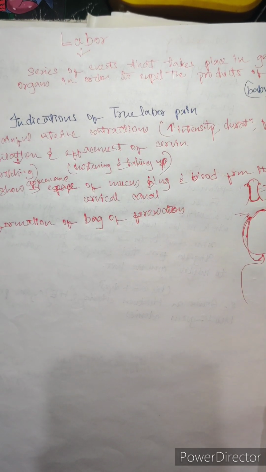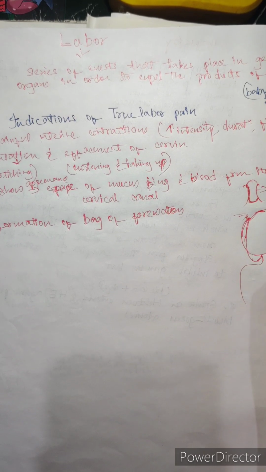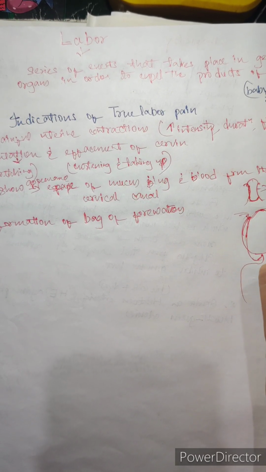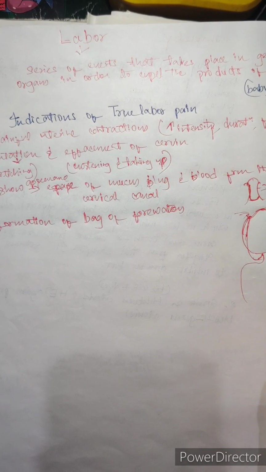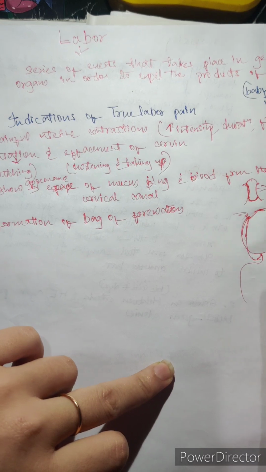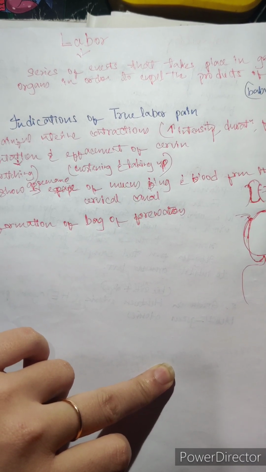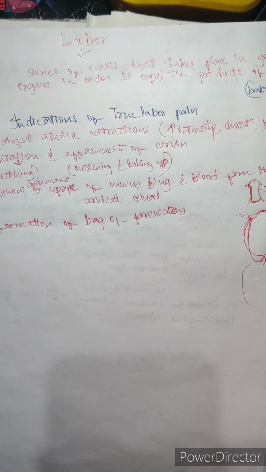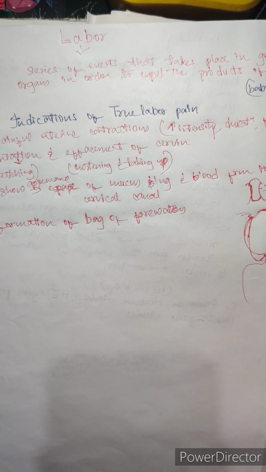As the pregnancy nears the term, the head of the fetus naturally comes down below, to the lower pole of the uterus, which is also known as the cephalic presentation.